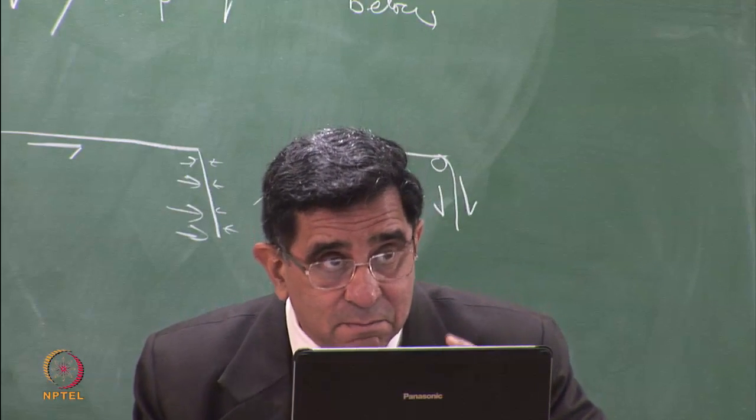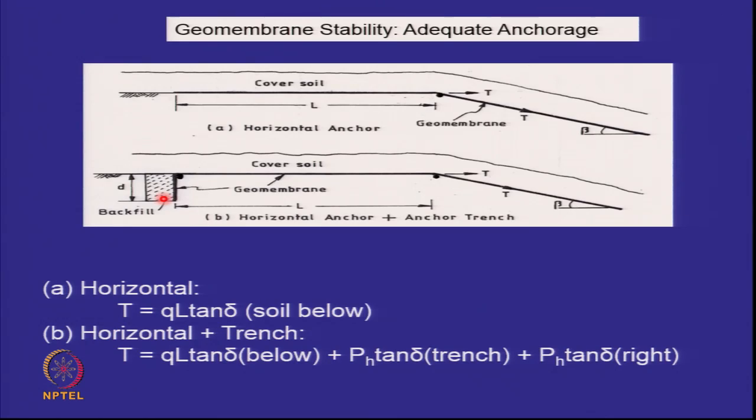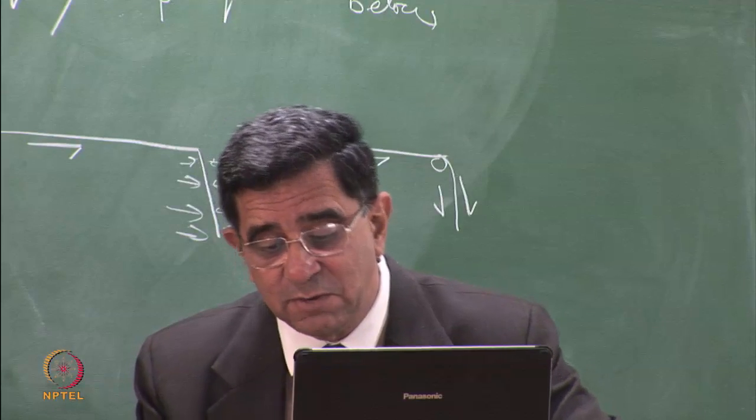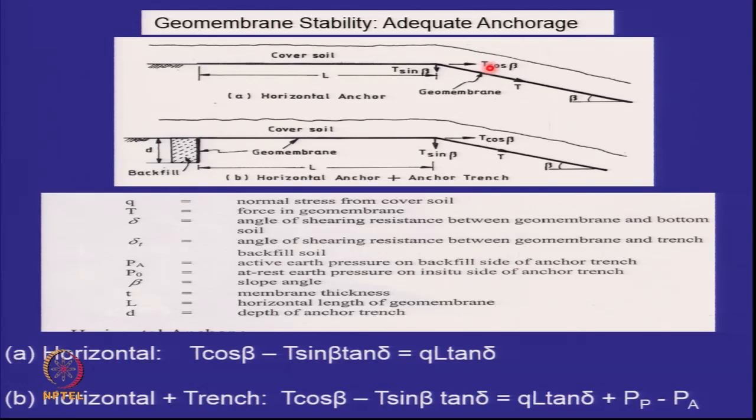So your T must be available from here, and you can put a factor of safety on it if you want to be very, very sure. Let me go back. Here it is, T becomes T cos beta. T cos beta is equal to QL tan delta plus T sin beta tan delta, because T sin beta is the downward component, and here it becomes T cos beta is equal to QL tan delta plus T sin beta tan delta plus PP, that's the passive earth pressure, minus the active earth pressure.